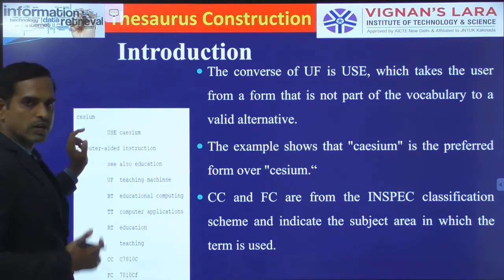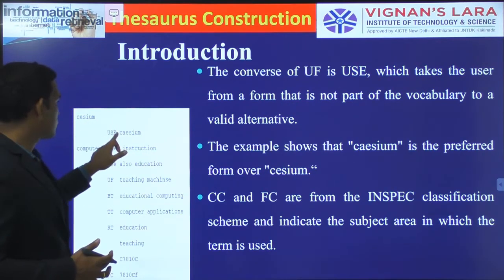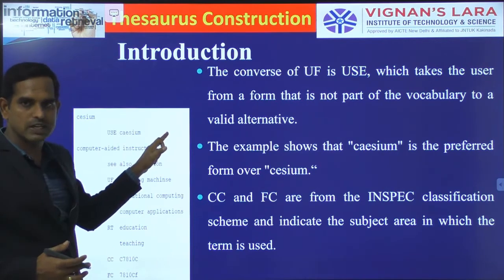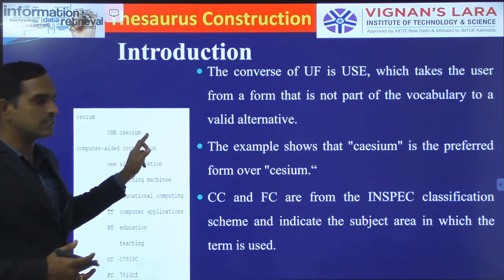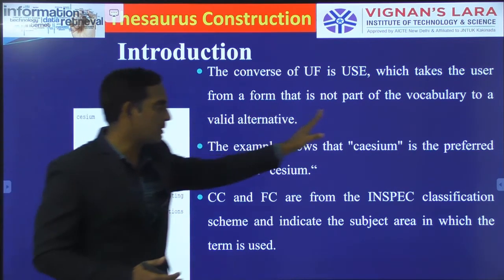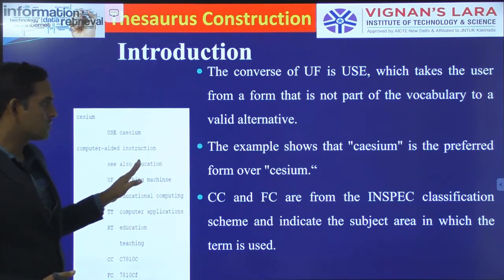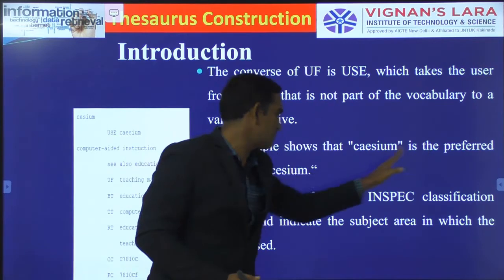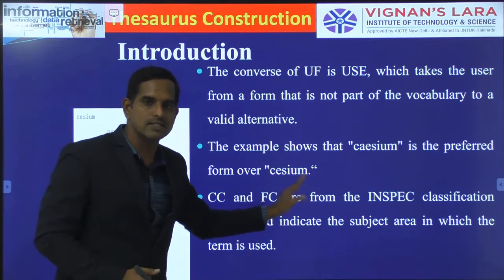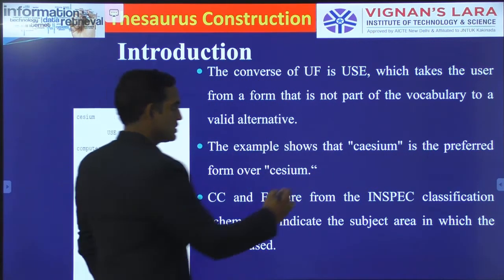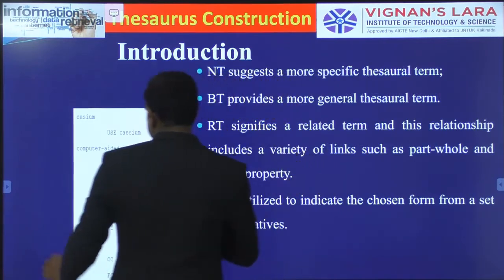If a particular word is coming, instead of this word we can use this particular word. So this is an alternative term. This is not part of the vocabulary, but you are going to take a valid alternative. The example shows that one word is preferred over the other.